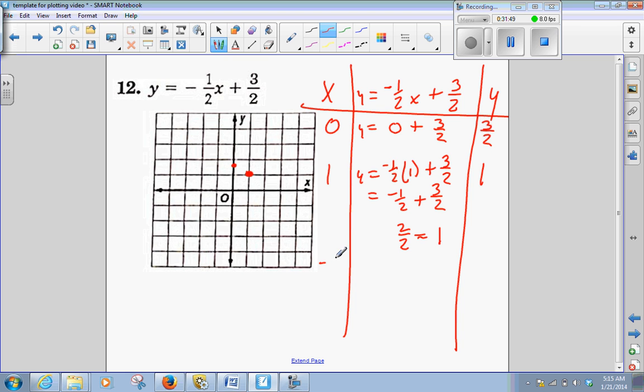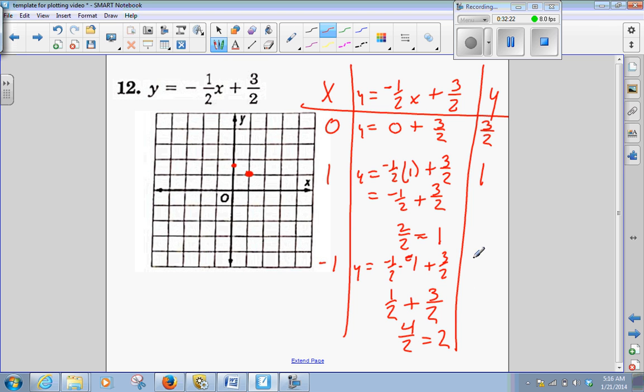Then I'm going to put in a negative 1 for x. So instead of y is equal to negative 1/2 times x, it's going to be times negative 1. So negative 1/2 times a negative 1 is a positive 1/2 plus 3/2. 1/2 plus 3/2 would be 4/2, which simplifies to a 2.